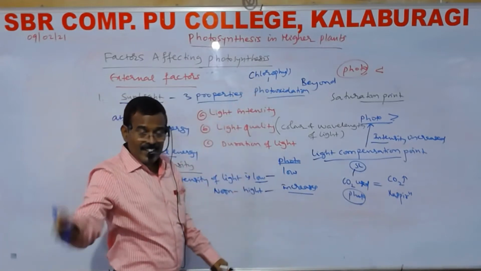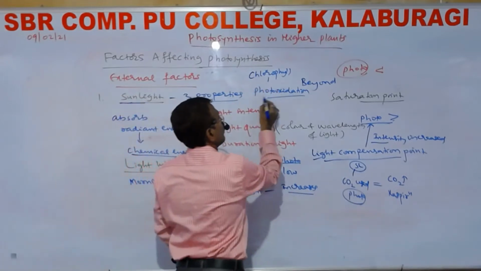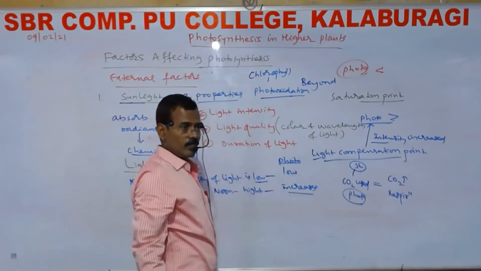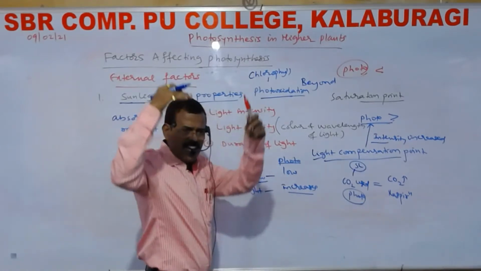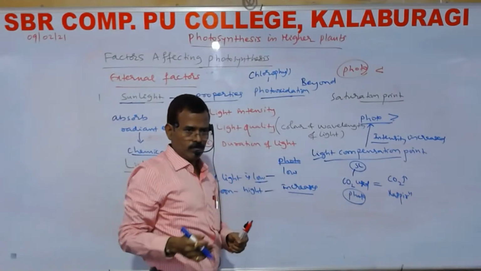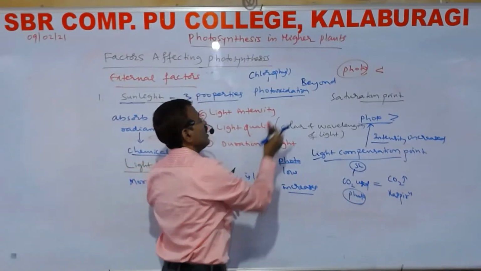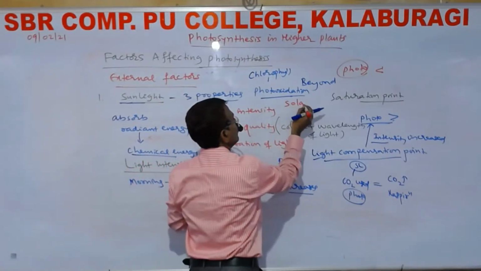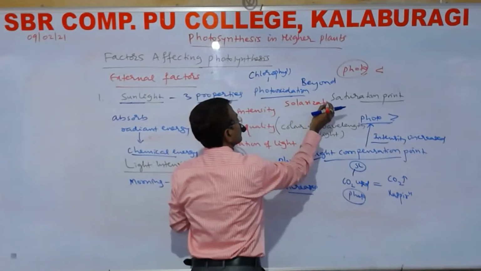At high light intensity, chlorophyll pigments will undergo photooxidation. If bright sunshine continues to fall on the leaves, it can lead to solarization.